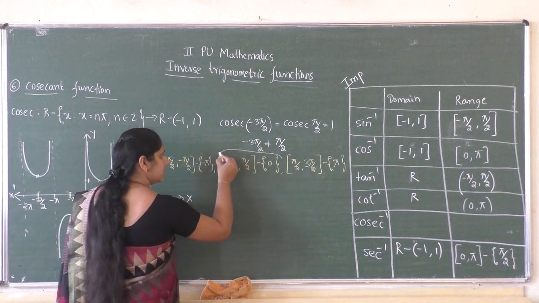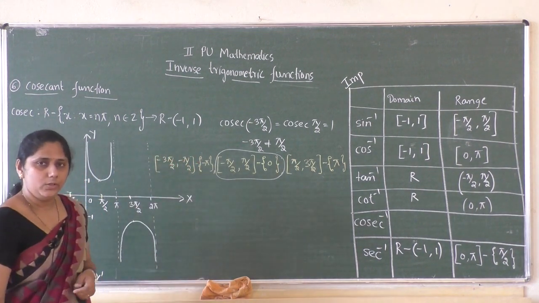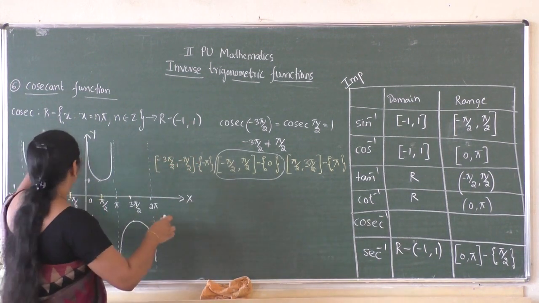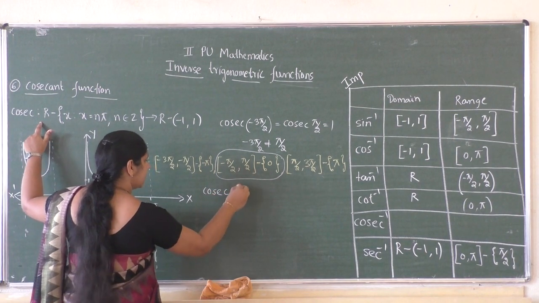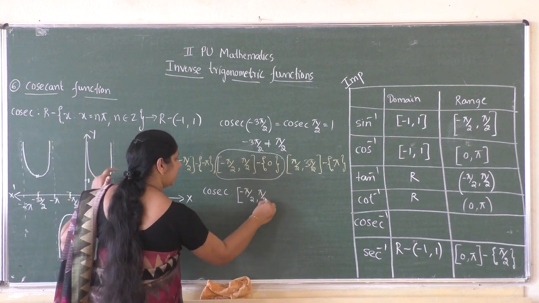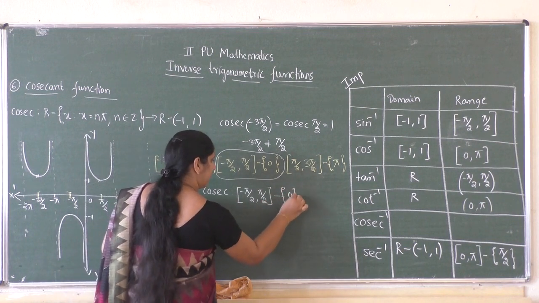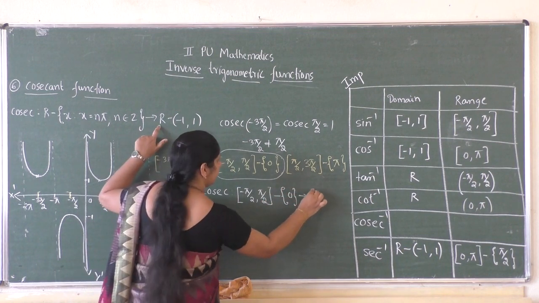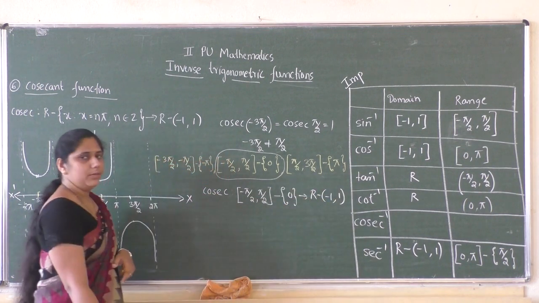Now this particular interval is called the principal value branch. So we have to restrict the domain of cosec to minus pi by 2 to pi by 2 minus 0. What about the range? It is the same, that is R minus the open interval minus 1 to 1.